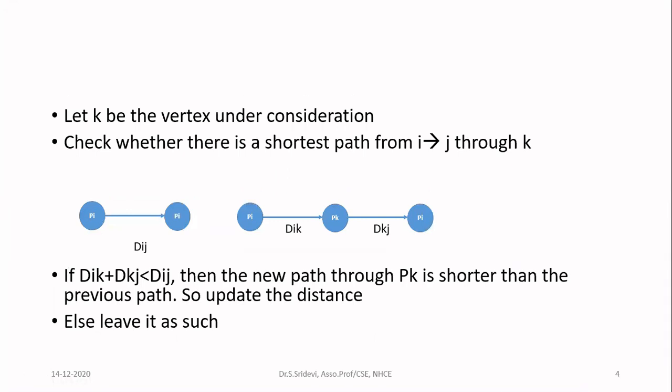In a particular iteration, I'm going to consider the vertex K, and I am going to construct the matrix Dk. In that, I'll be checking whether there is a shortest path from node I to node J through this K. The meaning of Dk is that you check whether there is a shortest path from any node to any other node, but it should be through the node you are considering currently, that is node K.